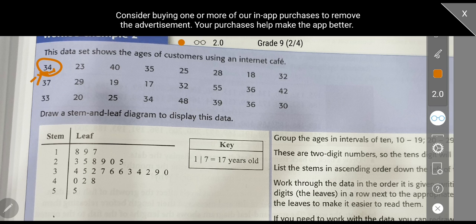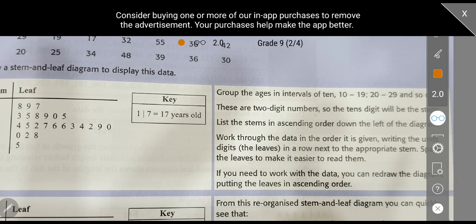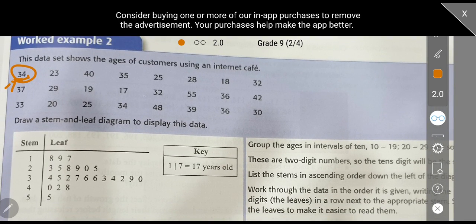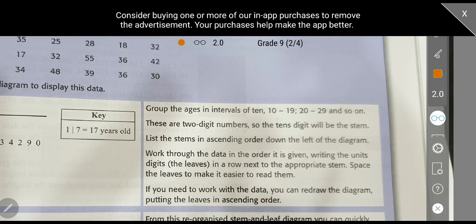Group the ages in intervals of 10, which means, because the data is in a small range, we will make intervals of tens. So 10 to 19, 20 to 29, and so on. These are two-digit numbers, so the tens digit will be the stem.